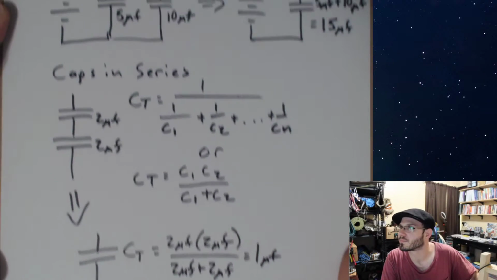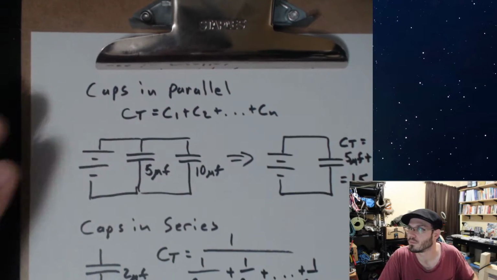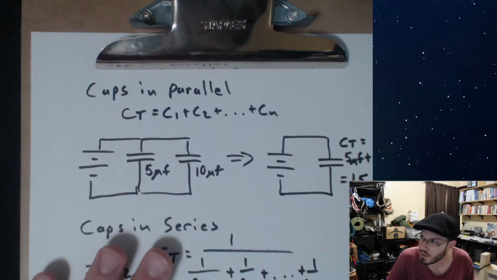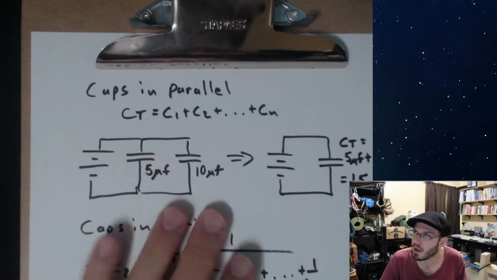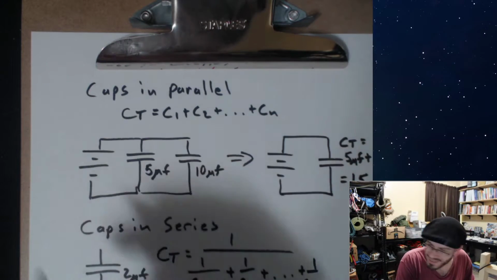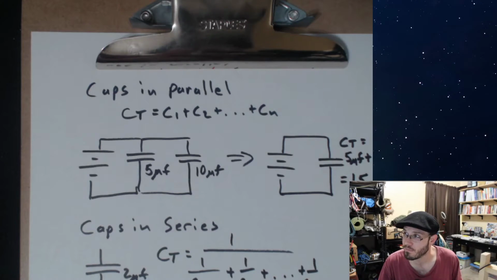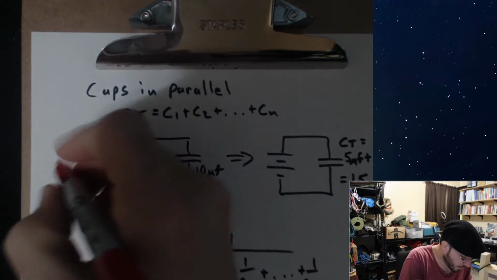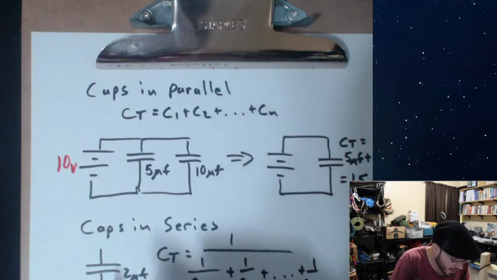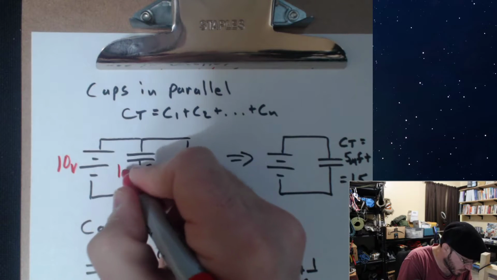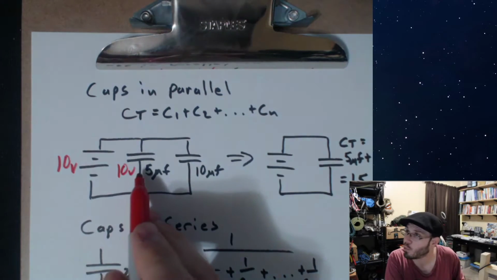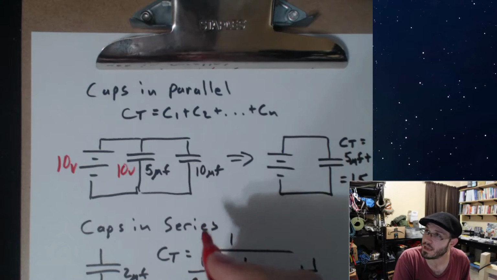Now, if we're talking about the voltage distribution among these caps, well, the same rules that we had earlier in the semester have never gone away. Things that are in parallel will have the same voltage drop across them. So if I have 10 volts over here, I'm going to have 10 volts across this cap once it's fully charged, and same thing over here.